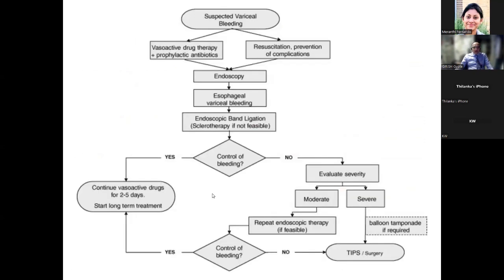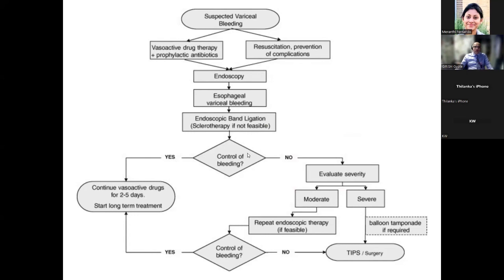So to summarize, if you have a child with suspected portal hypertension, you have to think about actively managing them with non-selective beta blockers. If you have a child with suspected variceal bleeding, then you need to start them definitely on vasoactive drug therapy and prophylactic antibiotics, stabilize them, do endoscopy for esophageal variceal bleeding, and then endoscopic band ligation, or sclerotherapy if not feasible.